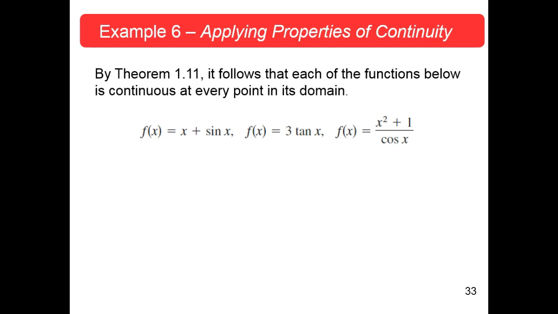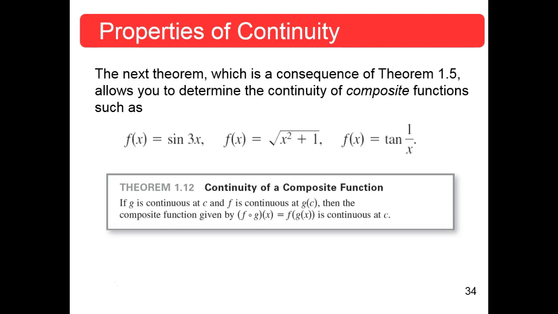And where would cosine x be 0? All the half pies. So this would be continuous in its domain, but the domain has to exclude all the half pies, positive or negative. Okay, very good.